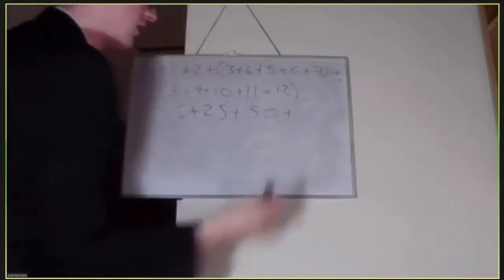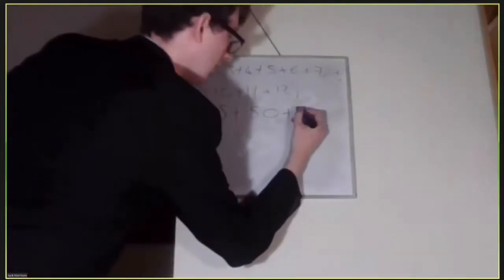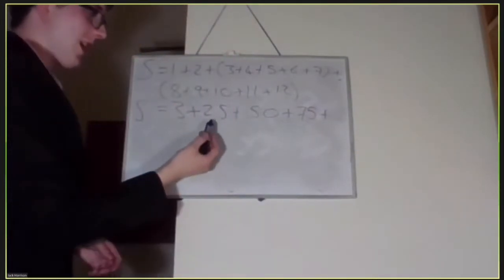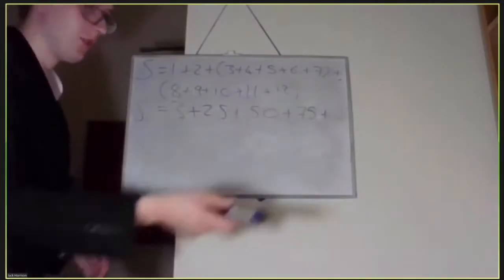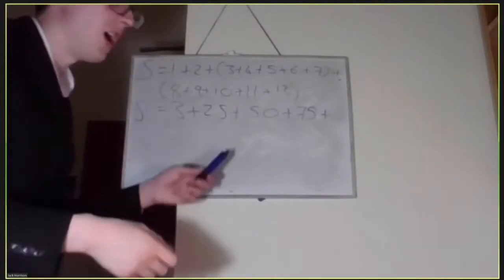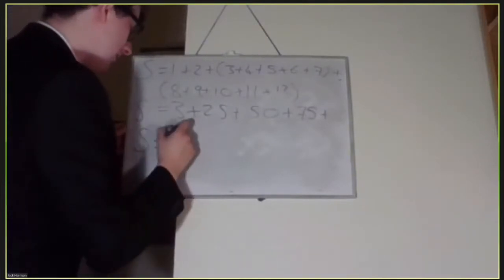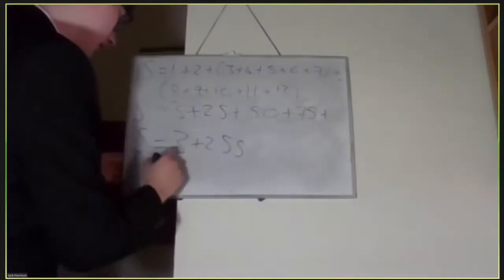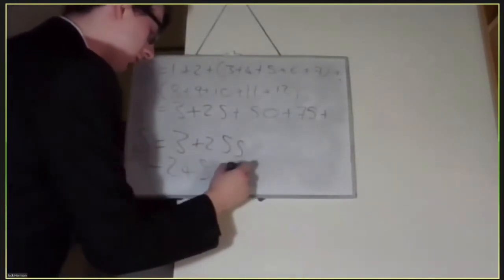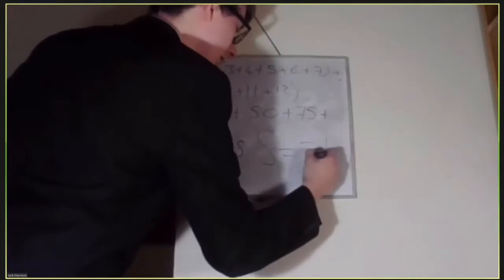And the next one would be 13 plus 14 plus 15 plus 16 plus 17, which is 75, and so on. But this, again, 25 plus 50 plus 75 plus 100, and so on, that's 25 times 1 plus 2 plus 3 plus 4 plus 5, and so on. So S is now 3 plus 25S. Take 25S from both sides. Minus 24S equals 3. And again, dividing by minus 24, we get S equals minus an eighth.